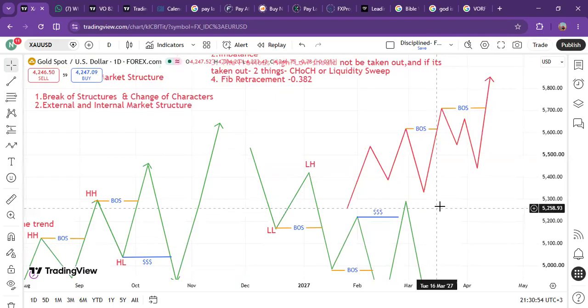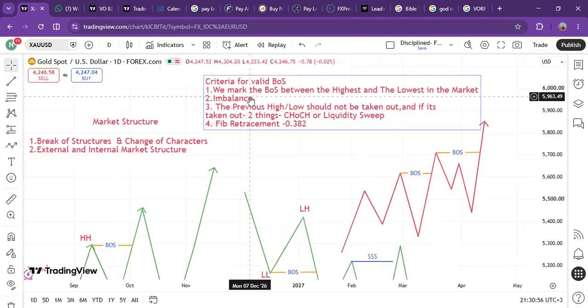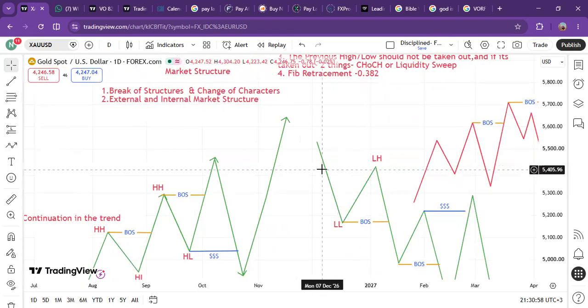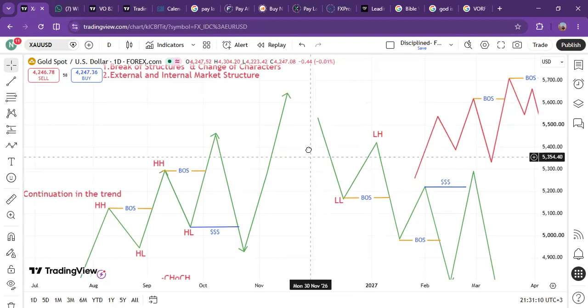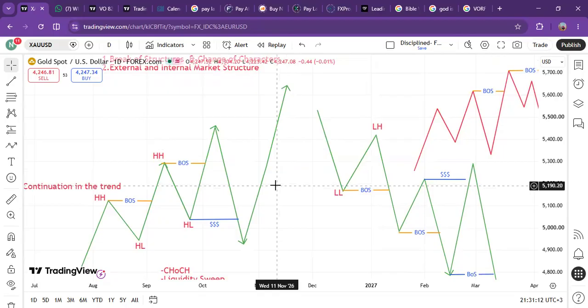Point number 2, imbalance. What is imbalance in this case? We have the imbalance of the fair value gap, when the market is inefficient. And we have the imbalance of the break of structures. What do I mean by this?